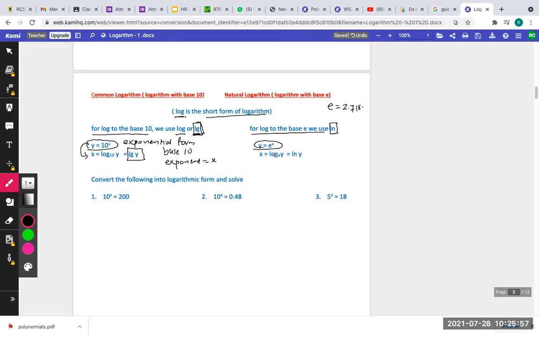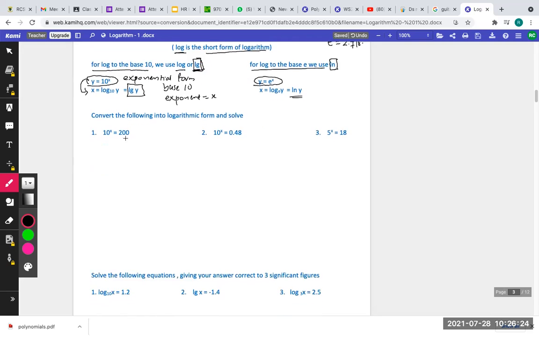So x equals log y to the base e, or I would say it as ln y, right? So don't get confused with lg and ln. LG is base 10, ln is base e. If you have other kinds of logarithm, meaning base 6, base 7, everything is possible, but you need to clearly mention the base there, right?